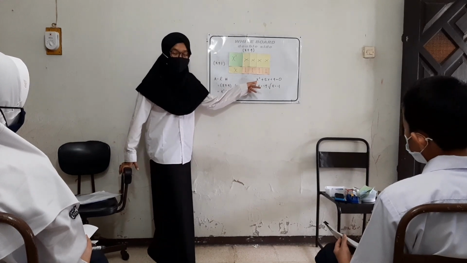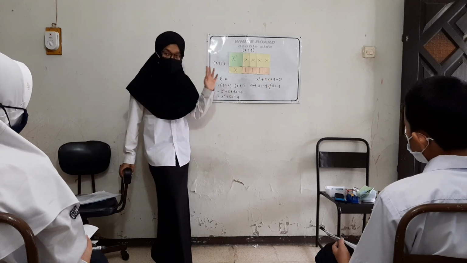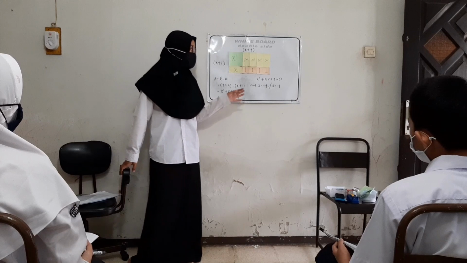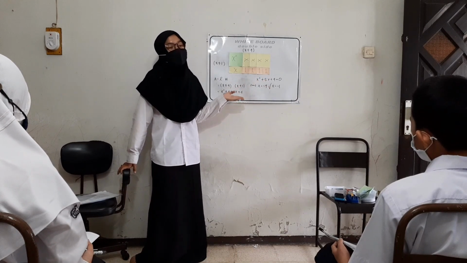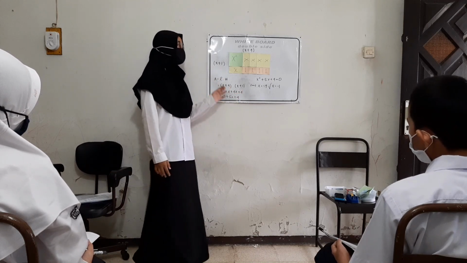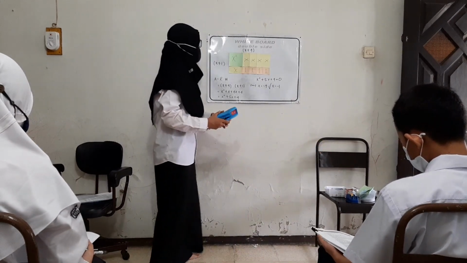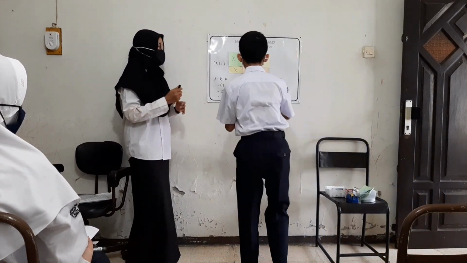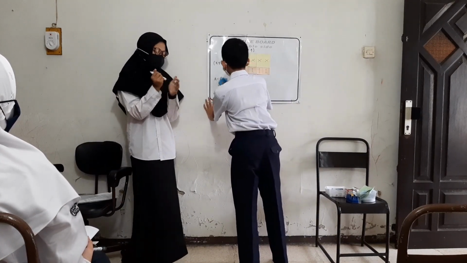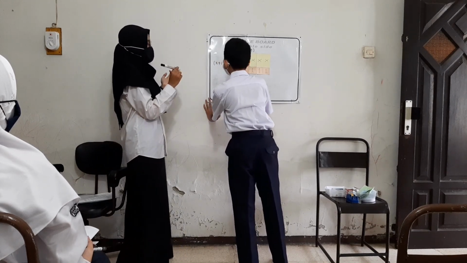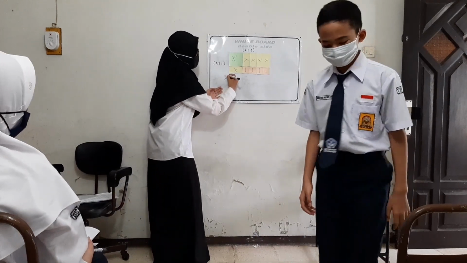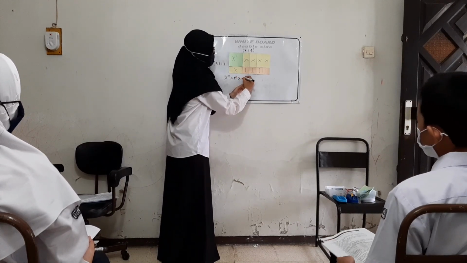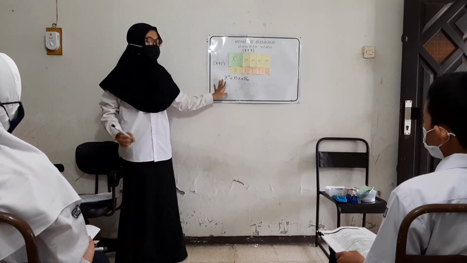Like this is x squared plus 5x plus 4, and before we learned x squared plus 4x plus 3, etc. What if the coefficient and the constant of this quadratic equation have a big value, like x squared plus 15x plus 56?